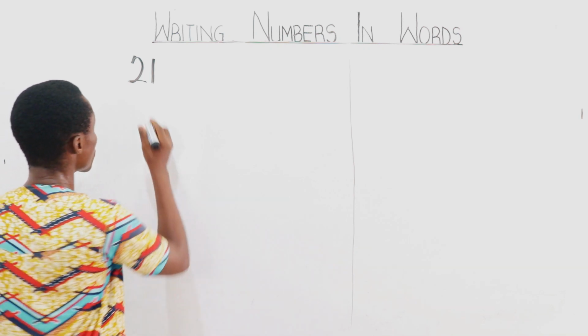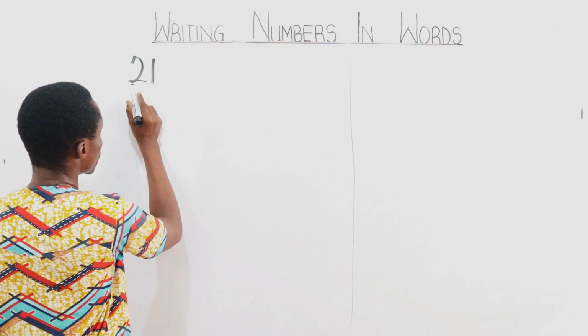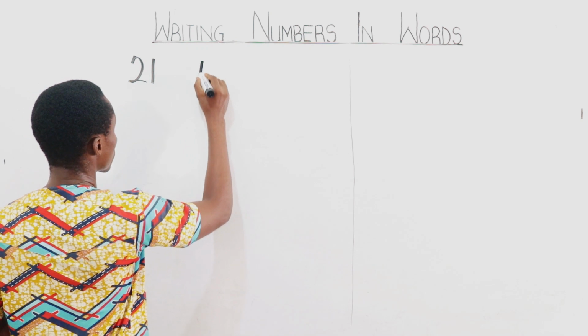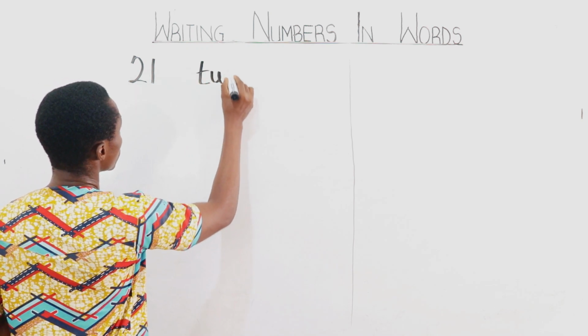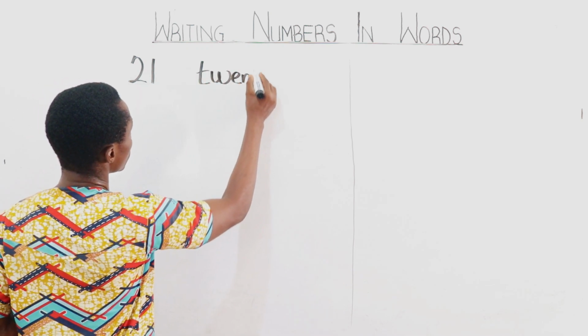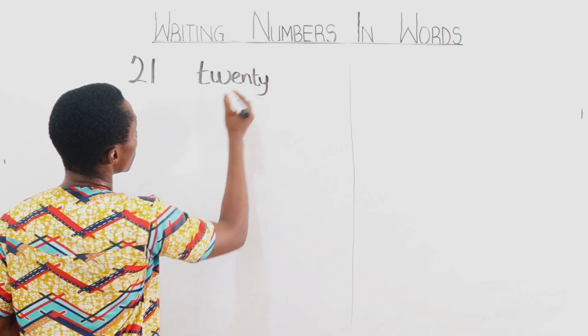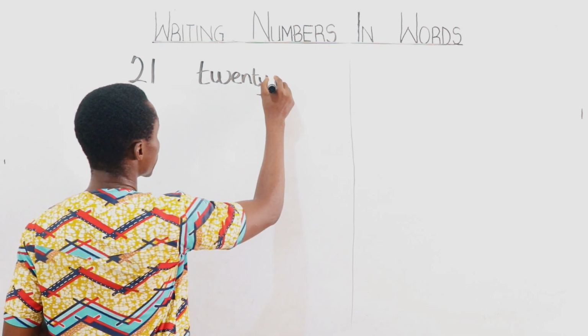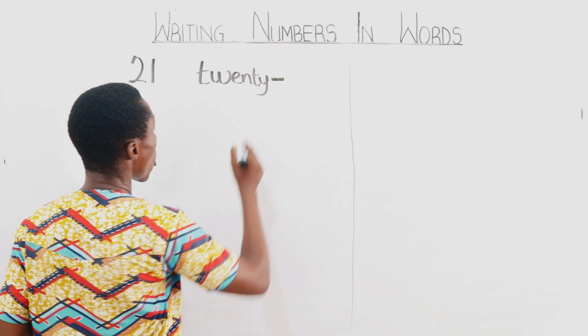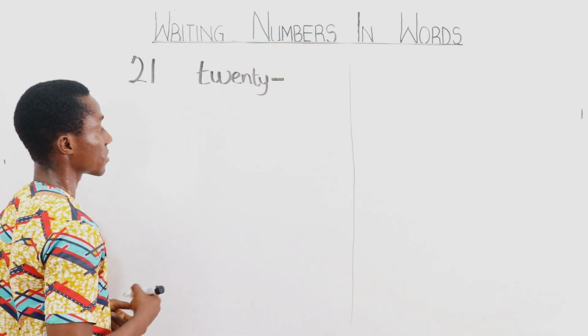So we first of all write the 20 and then we bring this sign called a hyphen.